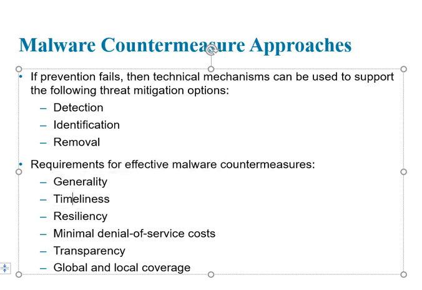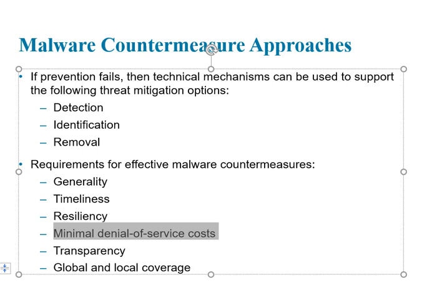Then the requirements for an effective malware countermeasure; normally they have generality. Timeliness means how much time they require to detect and to recover from the attacks and to remove the malware if possible. Resiliency, minimal denial of service cost. For example, if the machine or system is affected, we need very minimum downtime.